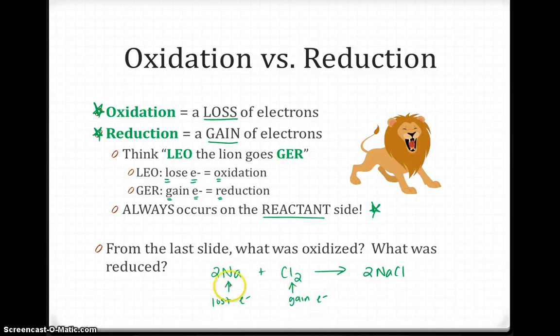So because our sodium lost electrons, that meant he had to be oxidized. And because our nonmetal gained electrons, that meant that he had to be reduced. So in the process of making sodium chloride, we oxidize our sodium and we reduce our chlorine. So our metal was oxidized because he lost, our nonmetal was reduced because he gained.